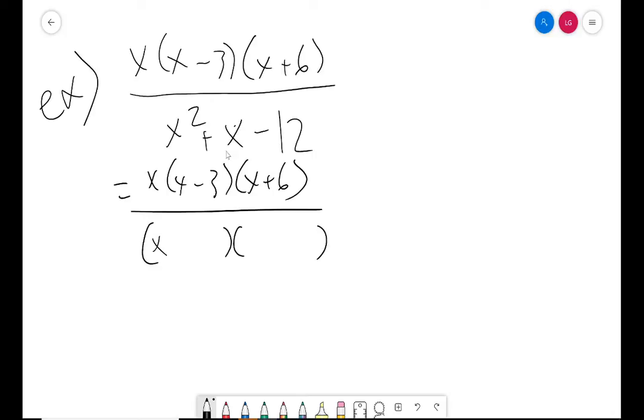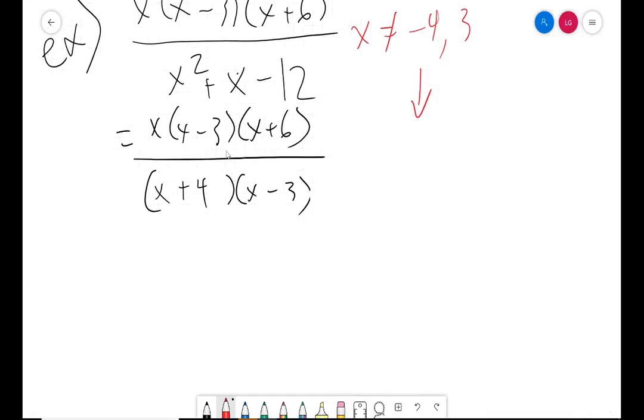I'm looking at x plus 4, x minus 3. That is the factored form of this. So what do we know? x cannot be negative 4, x cannot be 3. And that will continue down for the rest of the problem, regardless of what happens.